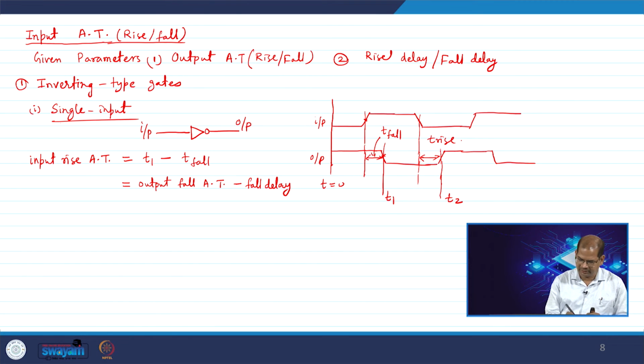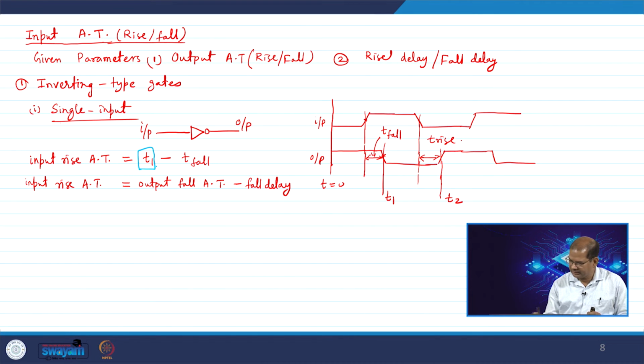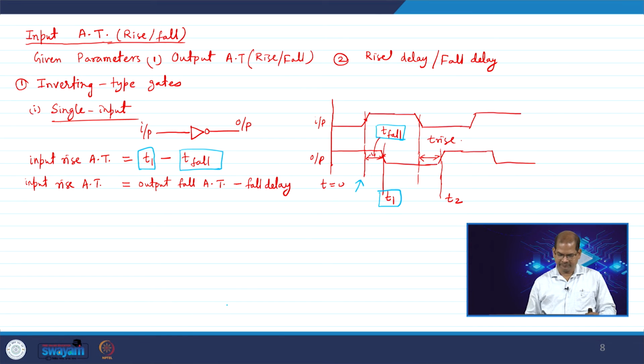So, this is my equation for input rise arrival time. If I know the output fall arrival time and fall delay, I can find out the input rise arrival time. This T1 corresponds to this T1 and this T fall corresponds to this T fall, and this is my input rise arrival time. So, this is one of the equations.